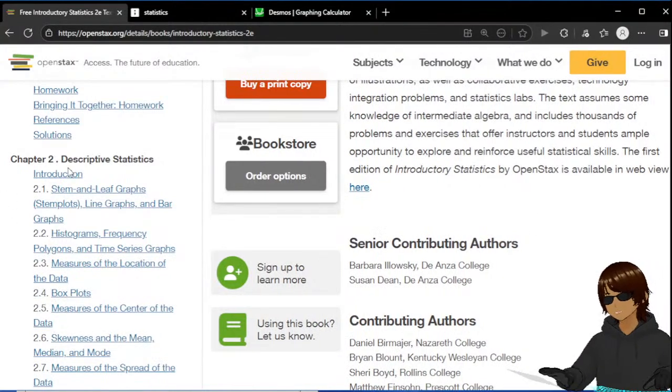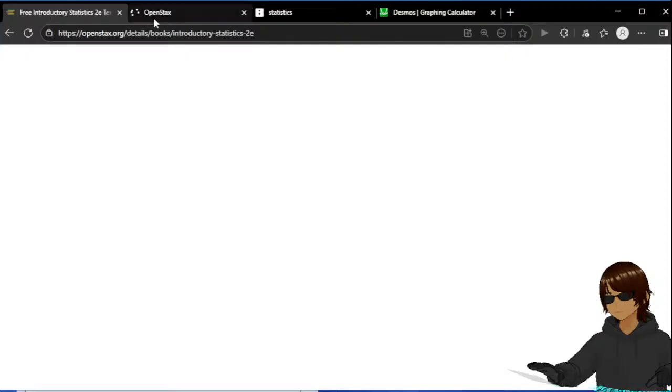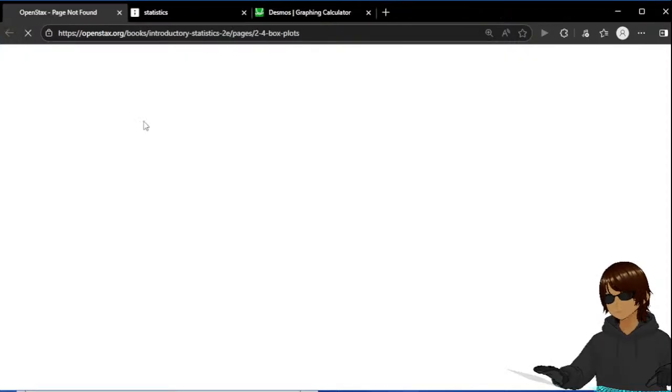I learned about histograms, frequencies, time series graph. I think I stopped at box plot. This is what I'm going to study now.